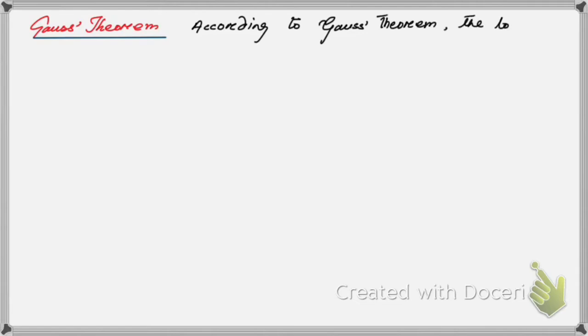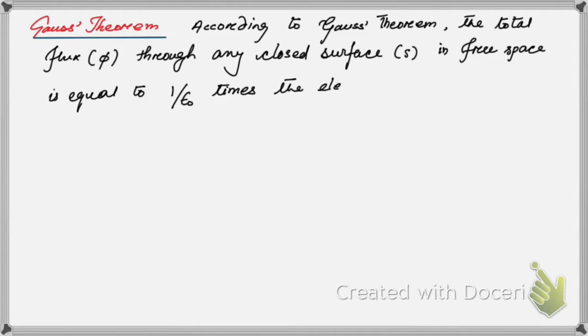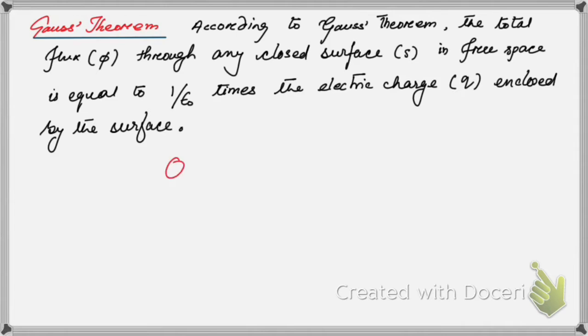Now Gauss theorem. According to Gauss theorem, the total electric flux through any closed surface S in free space is equal to 1 by epsilon naught times the electric charge enclosed by the surface, right? That is Gauss theorem.